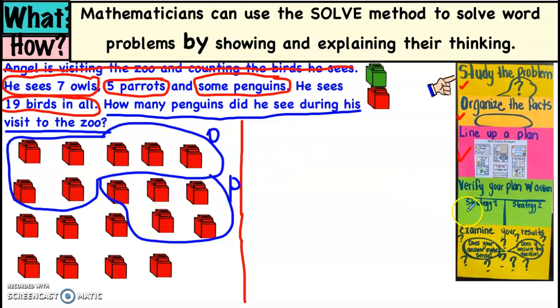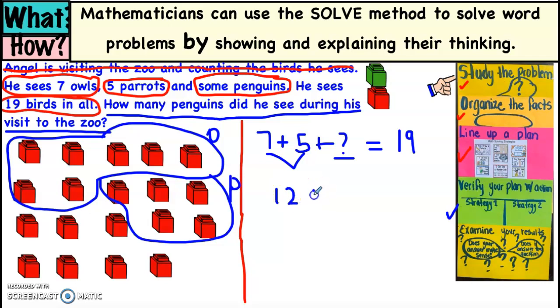So let's use another strategy. We're going to verify our plan with another strategy. So we already know we're going to use a number sentence for this one. We already know that he sees 7 owls plus 5 parrots plus some penguins. We don't know how many. And it's going to equal 19 birds. So 7 plus 5 gives us 12. So 12 plus our number is going to give us 19.